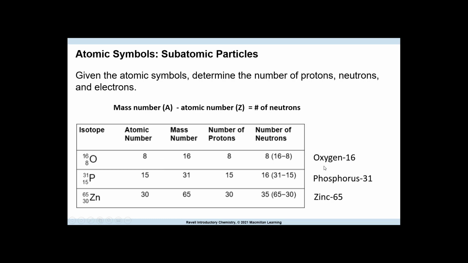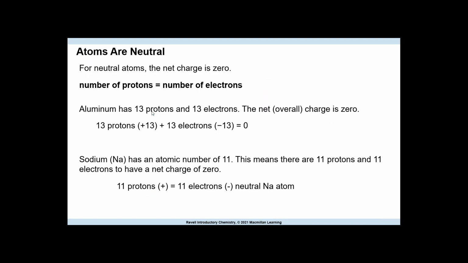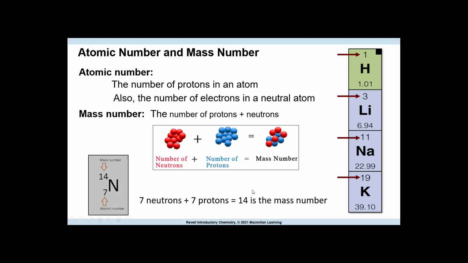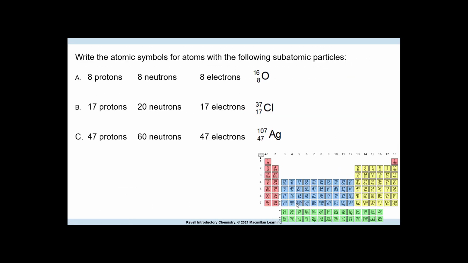So in this case, and I wrote these out because sometimes you have it written like this for isotopes as well. Okay, so remember mass number, this is what I was talking about. You can get the number of neutrons by subtracting the atomic number from the mass number. And sometimes you have to round, so I would round this up. You know, you have to sometimes round in order to get the whole number because we don't deal with decimals when we start dealing with things like this.